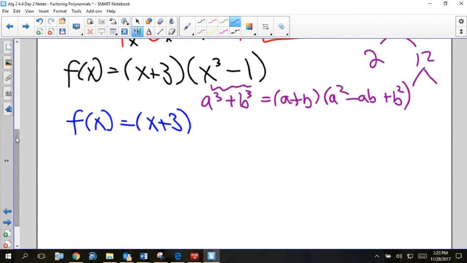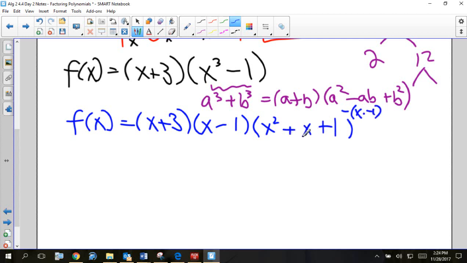So when we factor x cubed minus 1, the first parenthesis, that a plus b parenthesis is going to be x plus negative 1 or minus 1. My second parenthesis, I'm going to square the first thing, so I'm going to square x. My last number is squaring the negative 1, which is 1. And then in the middle, I'll do negative, and I'll multiply x times negative 1. So that becomes positive 1x.